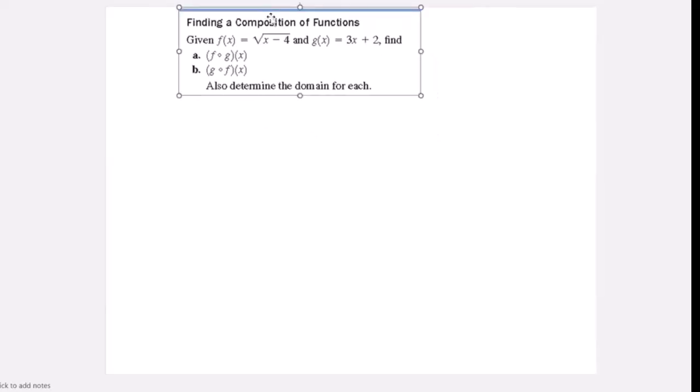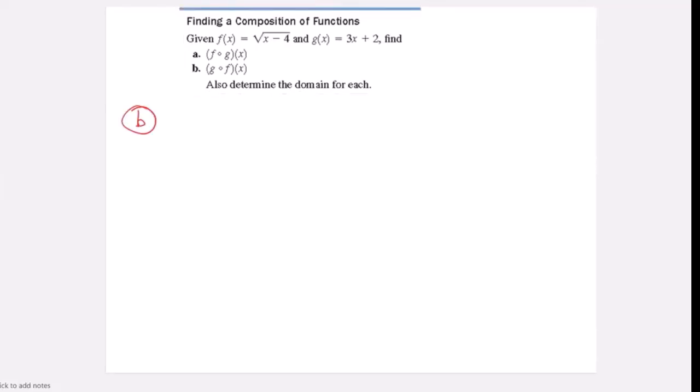So if I do B, I'm now looking for g of f of x. And now, again, I have this inside function, which is f of x. So this is g of, and let's put f of x in here, the square root of x minus 4.